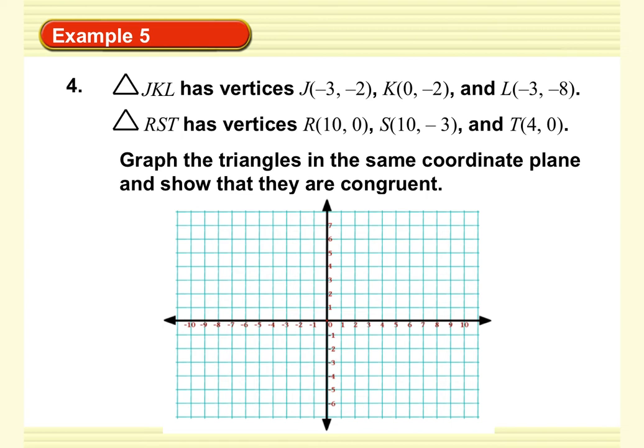So example 4 has you mapping this out on a coordinate plane. It says JKL has vertices J(-3, -2), K(0, -2), and L(-3, -8).